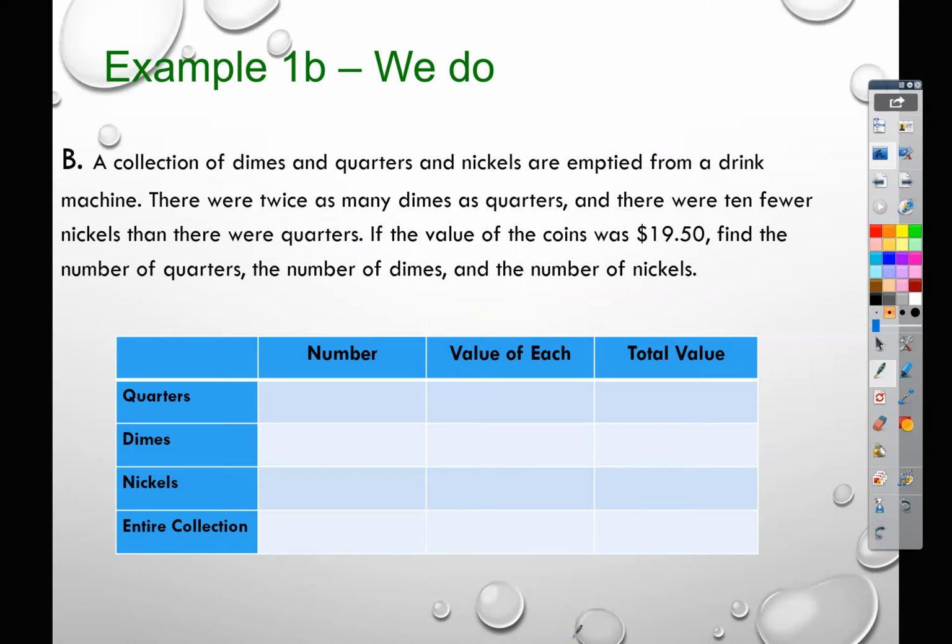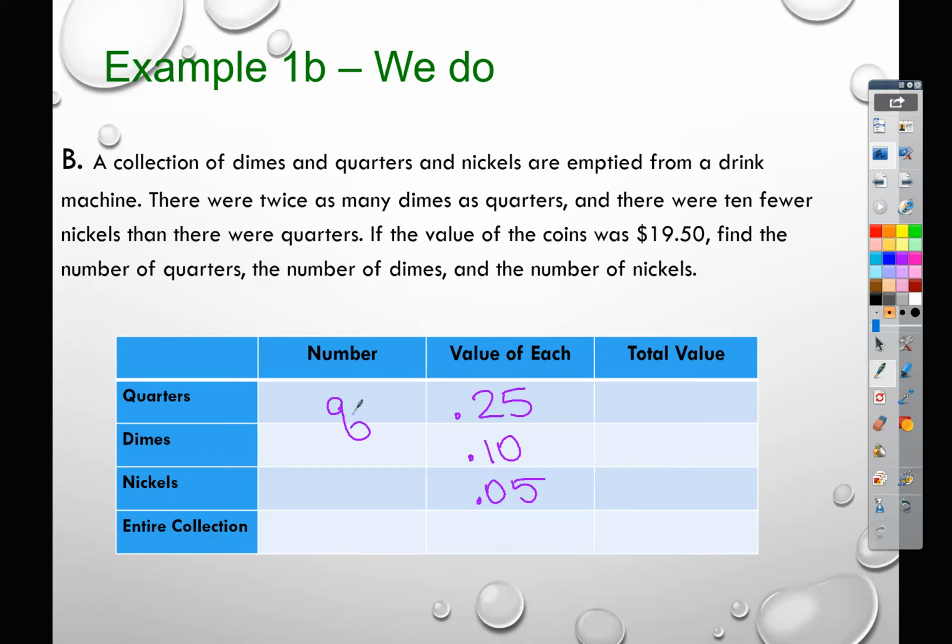All right, so let's see. Quarters, how much is a quarter worth? 25 cents. How much is a dime worth? 10 cents. And a nickel is worth 5 cents.